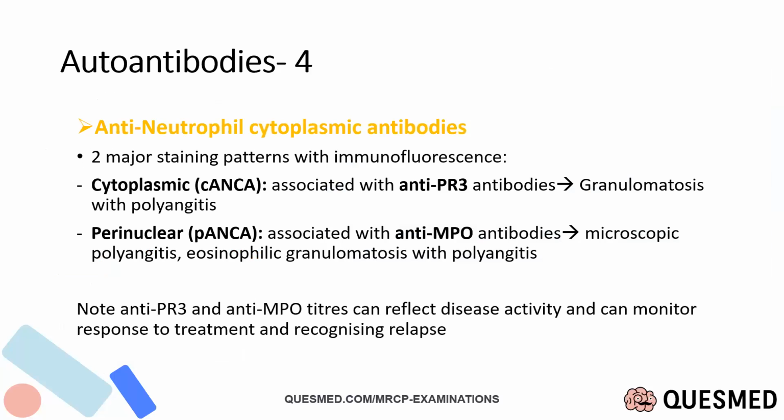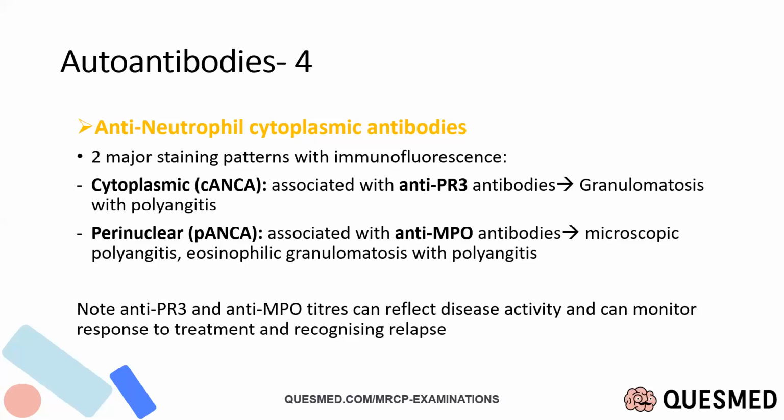So you've also got your anti-neutrophil cytoplasmic antibodies. So c-ANCA is associated with anti-PR3 antibodies. Now that's classic for GPA, so granulomatosis with polyangiitis, and we'll talk about that later. p-ANCA is associated with anti-MPO, and that's associated with eosinophilic granulomatosis with polyangiitis, so EGPA, and also microscopic polyangiitis.